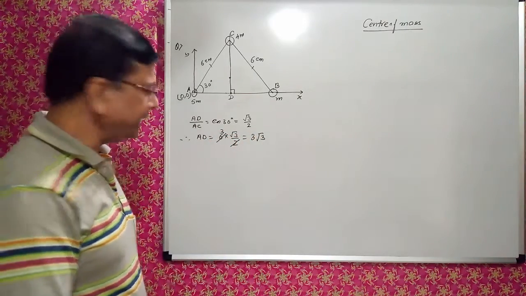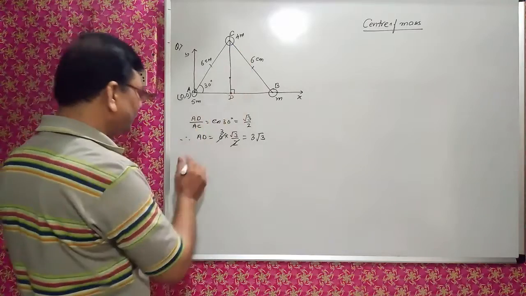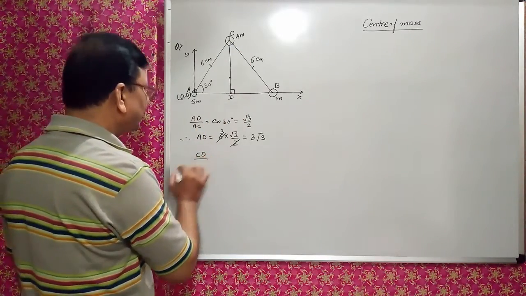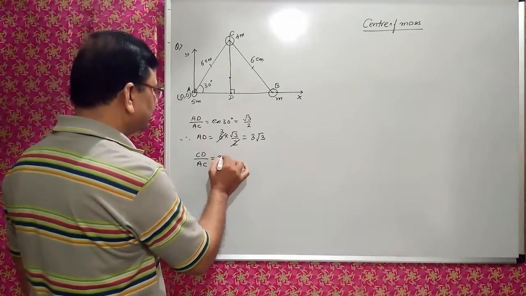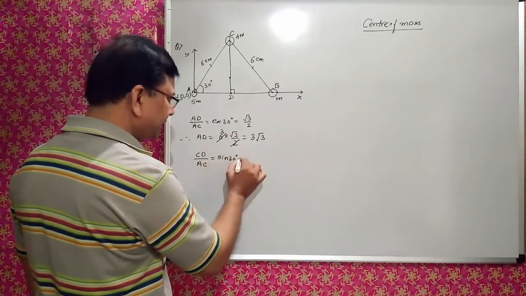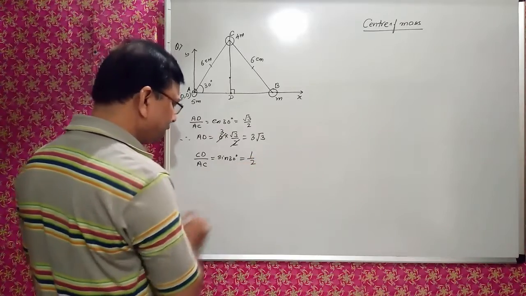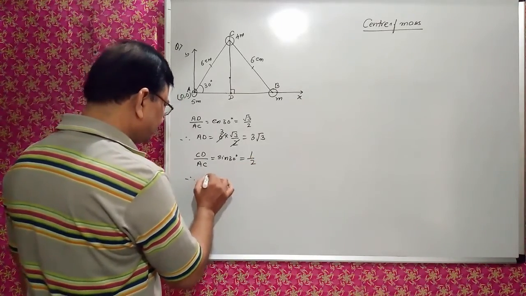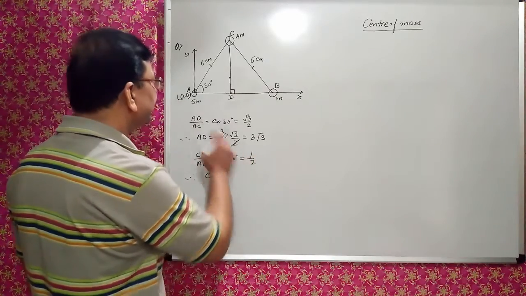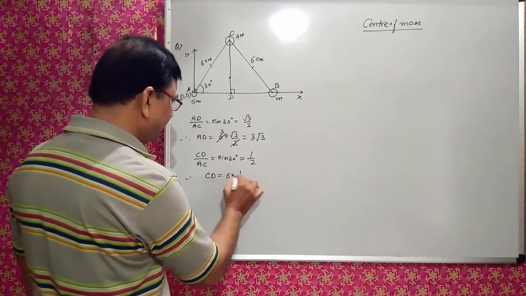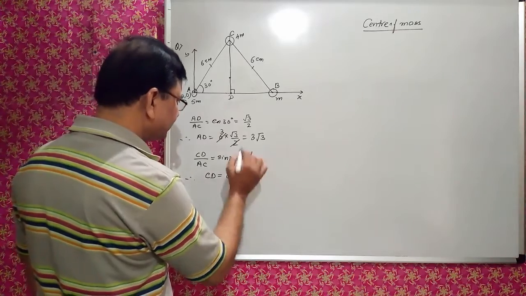AD is 3 root 3, and we will find CD also. So CD upon AC is equal to sine 30 degree, and sine 30 is half, that too we know. Therefore, CD is equal to AC into half. AC is 6, 6 into 1 by 2, that is equal to 3.